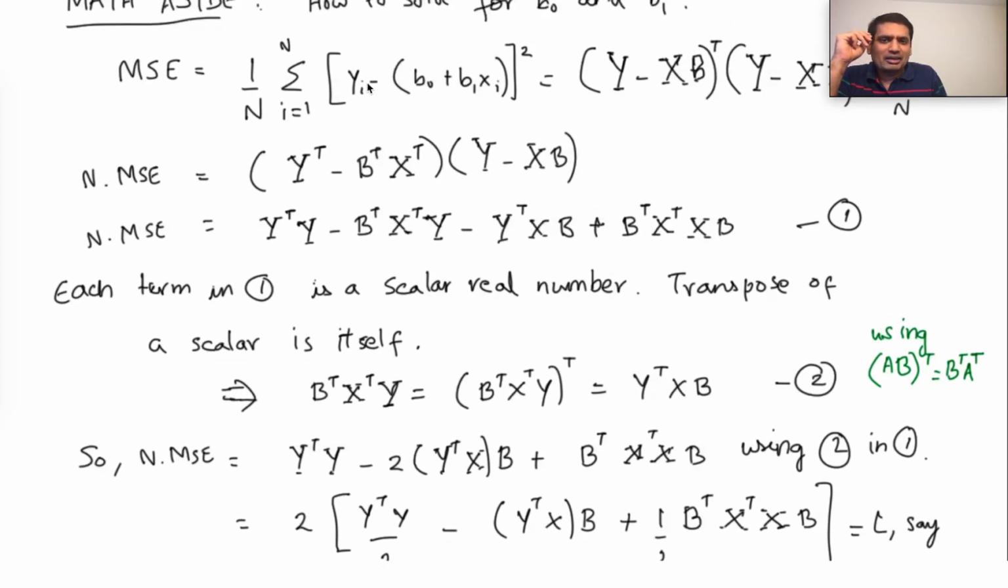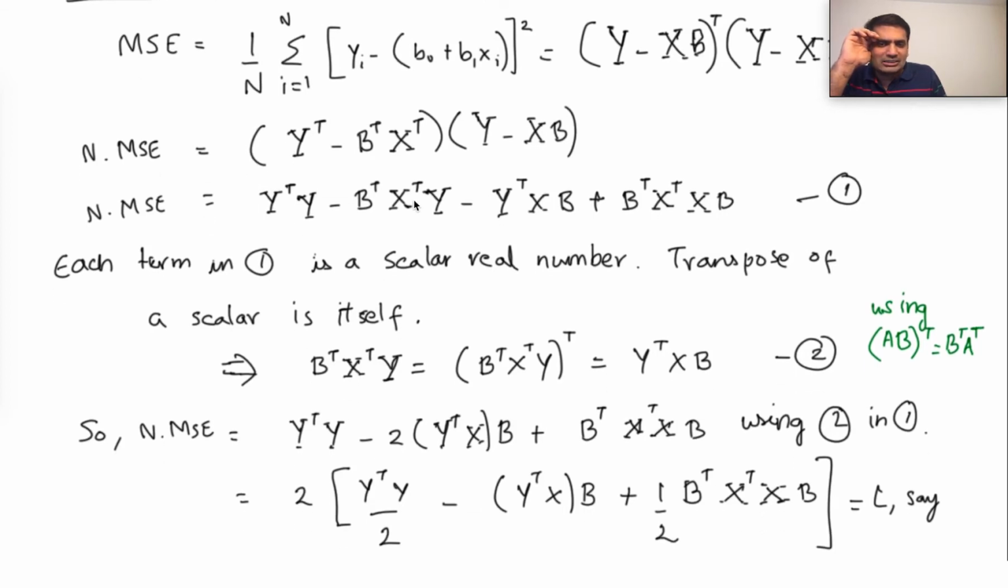Because the mean square error is actually a single real number. We just happen to write it in terms of these matrices, but this matrix multiplication reduces to a single real number, right? And then we've expanded this matrix multiplication out, and what we get is a bunch of terms. Each term is basically a single real number, so that you add them to get the mean square error.